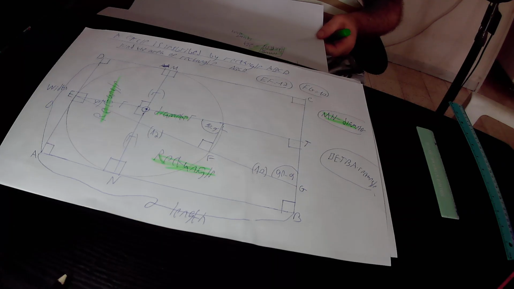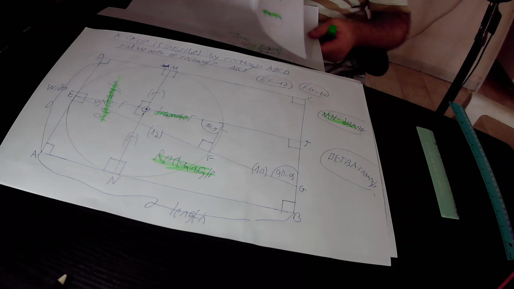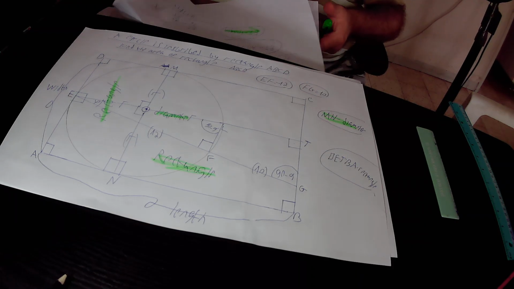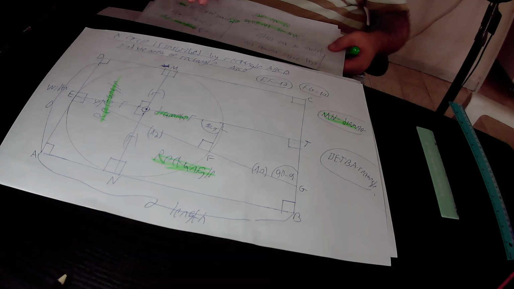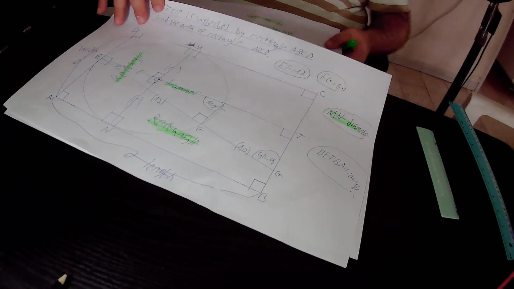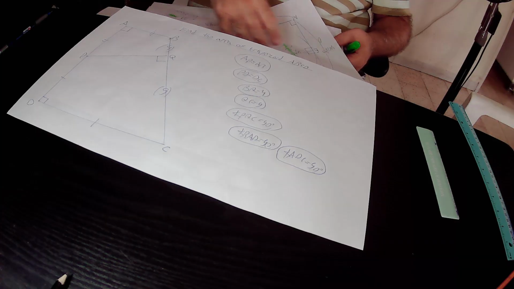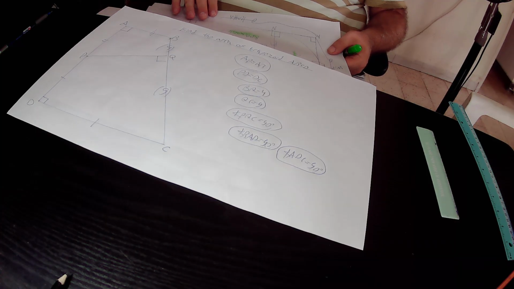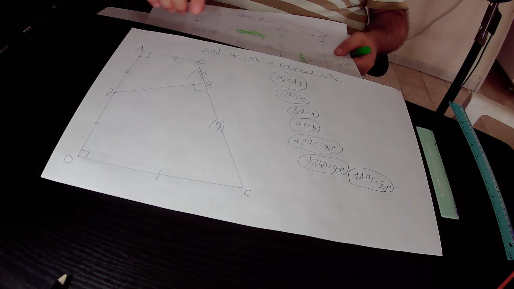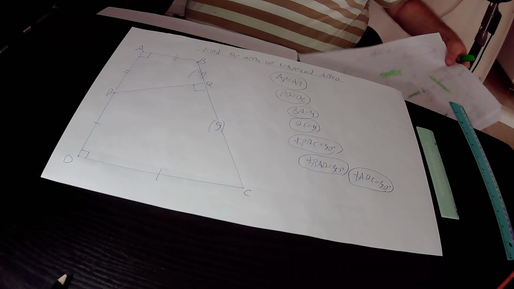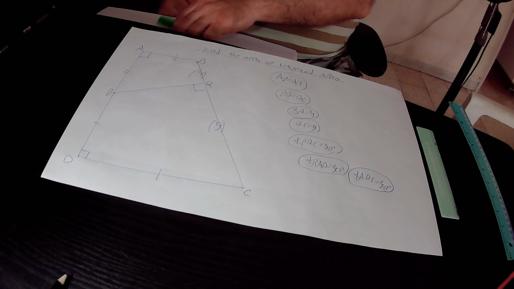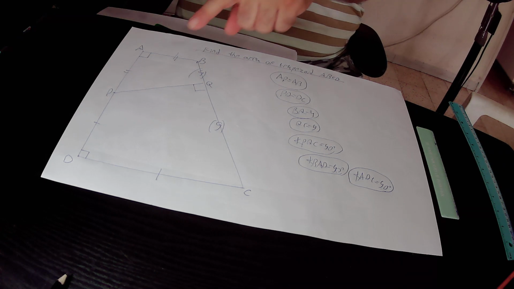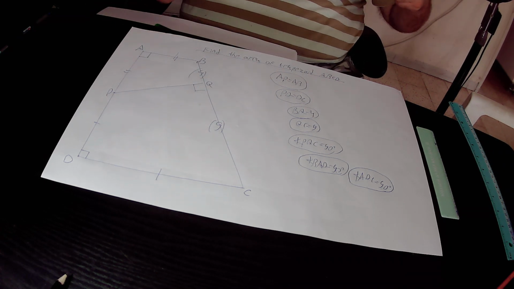In the next step, I will present to you the second question, and we will solve the second question of this lecture. In the second question, our mission is to find the area of this trapezoid ABCD. Trapezoid ABCD is a right angle trapezoid because those two angles are right angles.